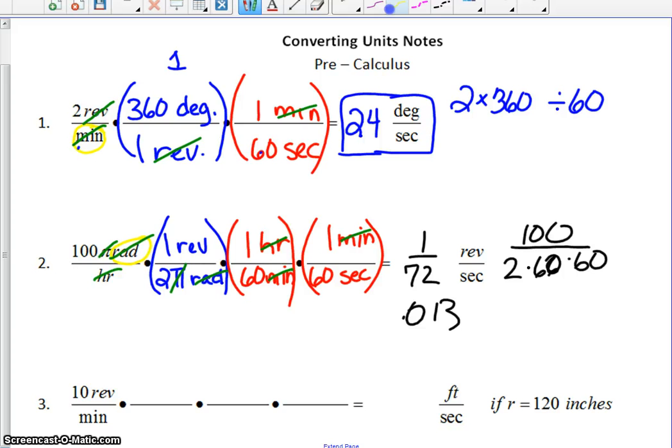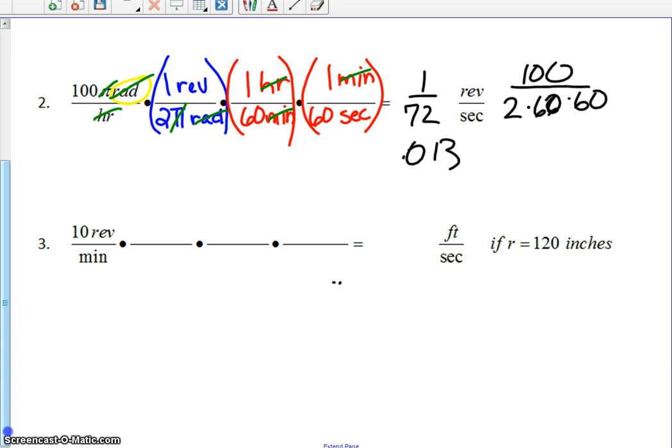10 revolutions in how many minutes? Okay, I gotta get more space here. All right, 10 revolutions, and I want to get to feet per second. I have to figure out first, how do we get from revolutions to feet? And this is really important that they had to tell me this, that my radius is 120 inches.